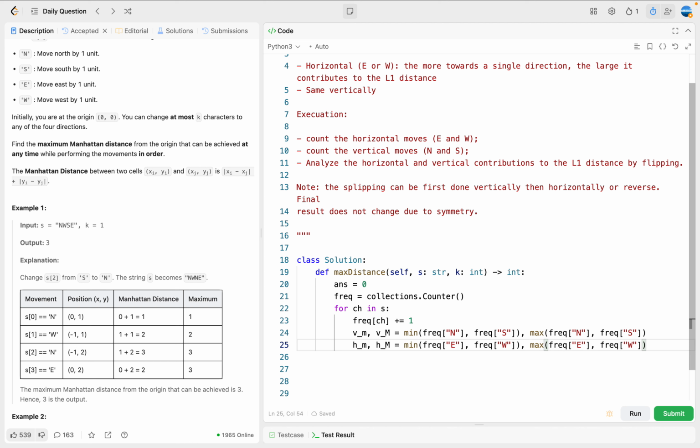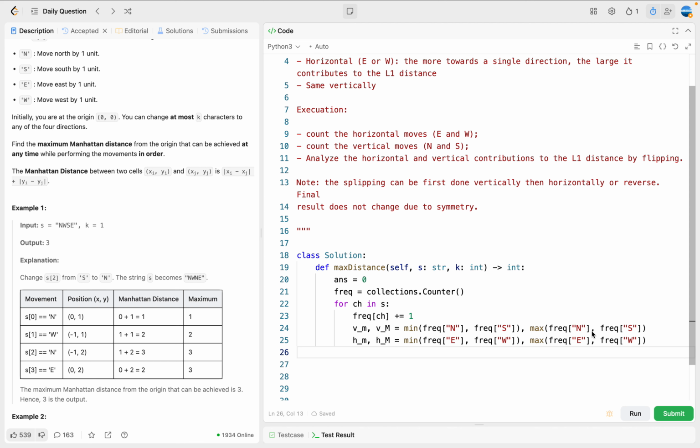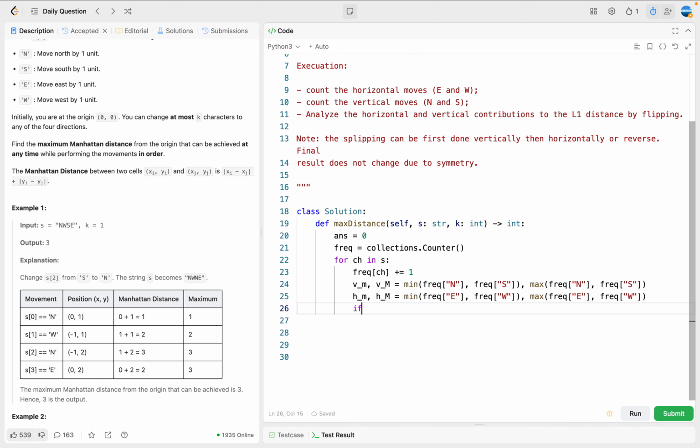So now during the movement at this step, let's see what's the largest possible Manhattan distance. We are going to consider the relation of little Vm and little Hm. These are the potentials we want to change. If this is less than or equal to k, it means that we have a lot of freedom.